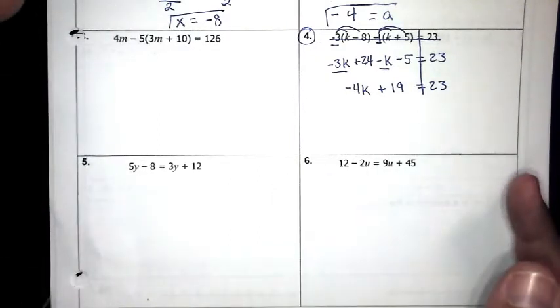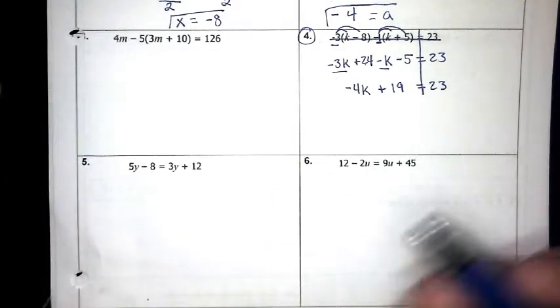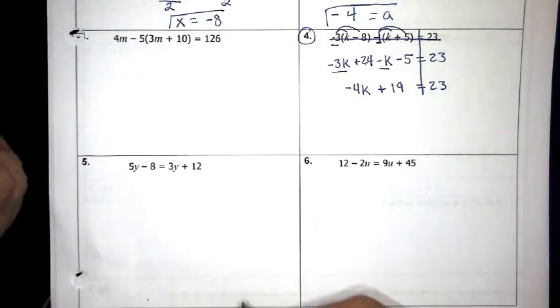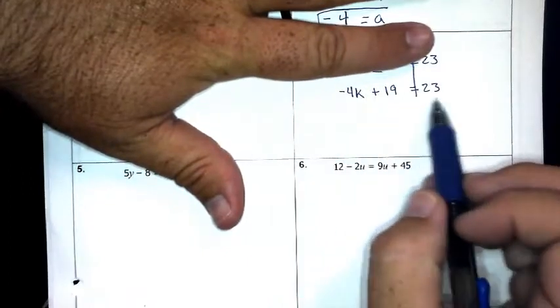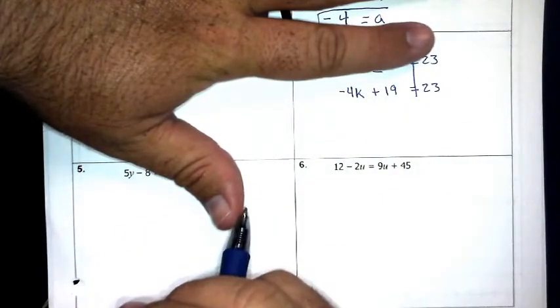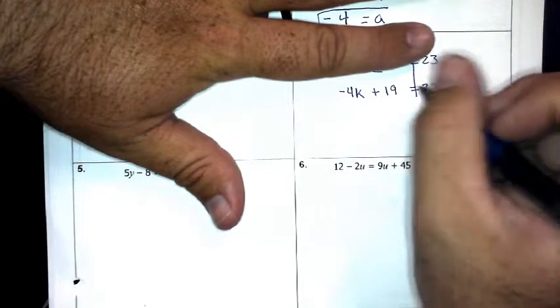Now I just have a basic 2-step equation to solve. Okay? So here's my new equation. What would be my first step? -19. Get rid of that constant first.